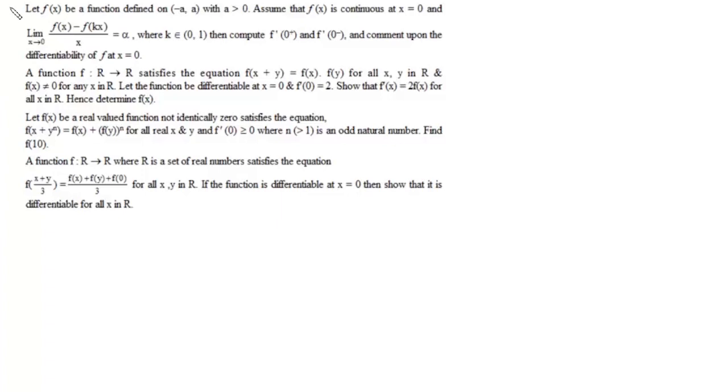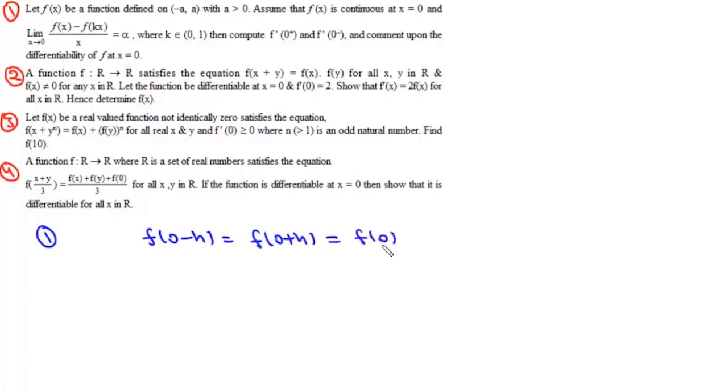Now here we have 4 questions: 1, 2, 3 and 4. Now we'll start with this first one, and it says let f(x) be defined on -a to +a with a greater than 0 and assume that f is continuous at x equals 0. That means f(0-h) is equal to f(0+h), and it will be equal to f(0).